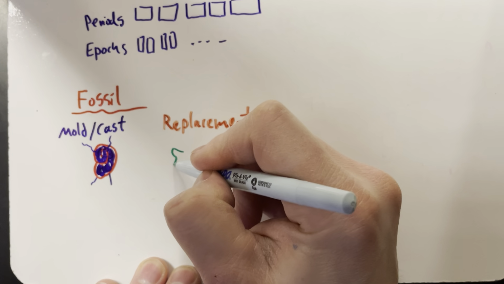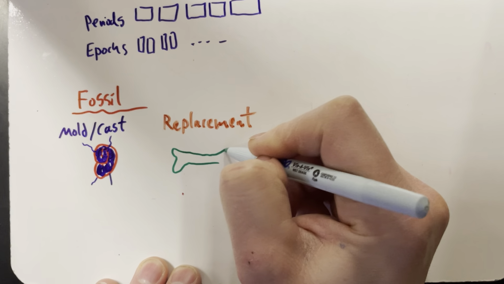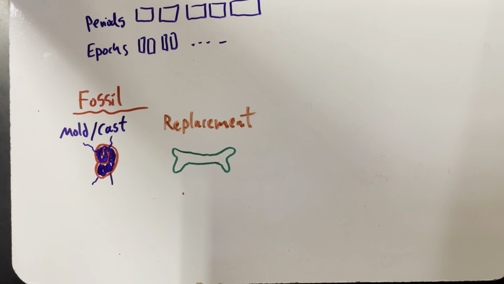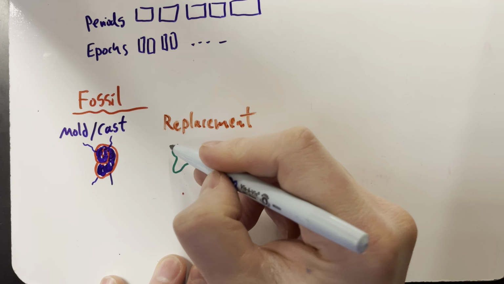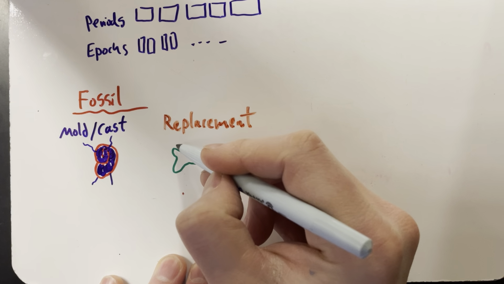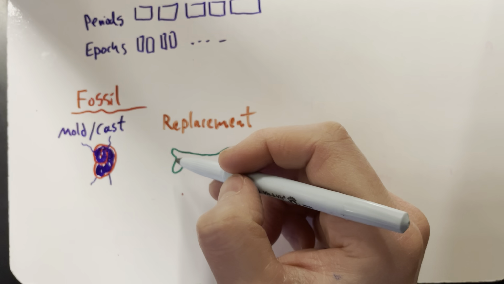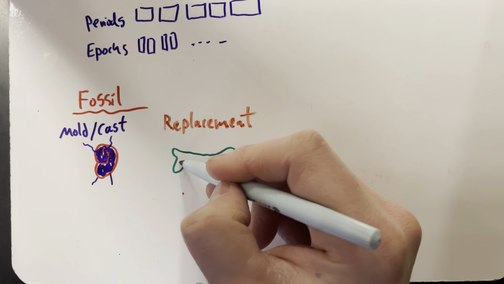You'll have a bone or something, and then the bone tissue itself, instead of just completely molding or disappearing or dissolving and then leaving a void, as it's sitting there underground in the layers, again, usually it's from water slowly dripping through and replacing it bit by bit with stone.